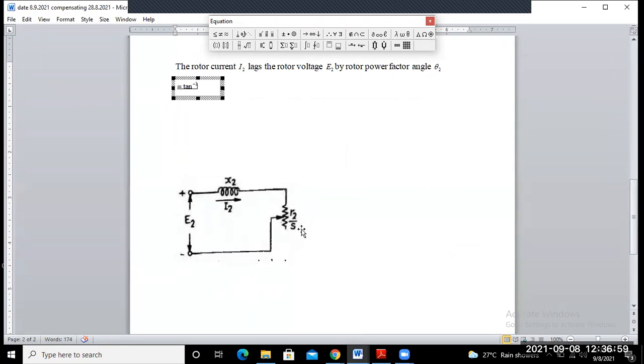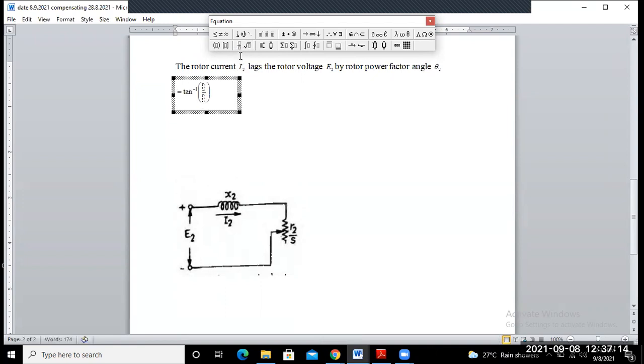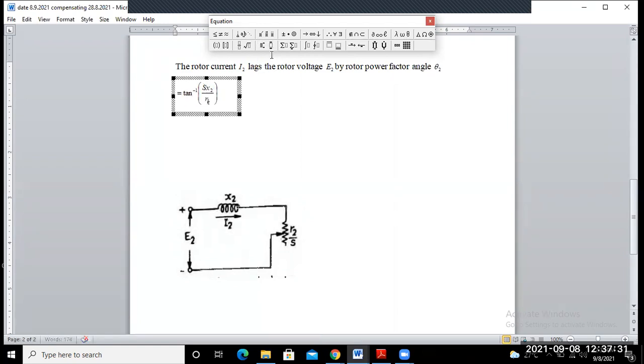Here, the S we can transfer to the numerator part, so we can write sX2 divided by R2.